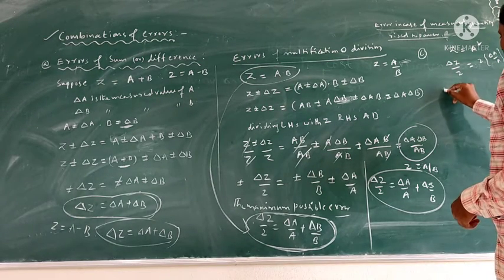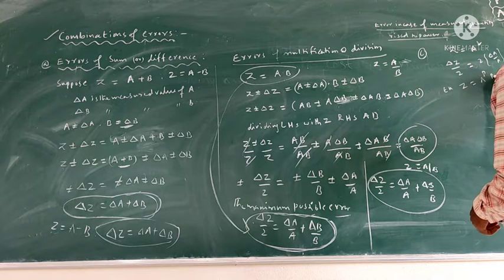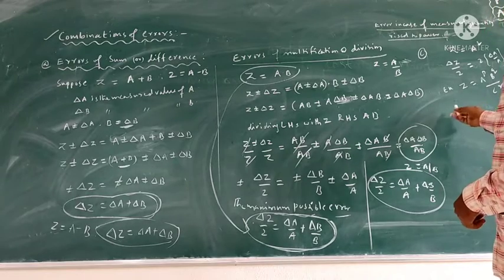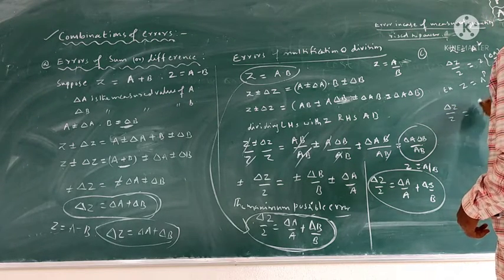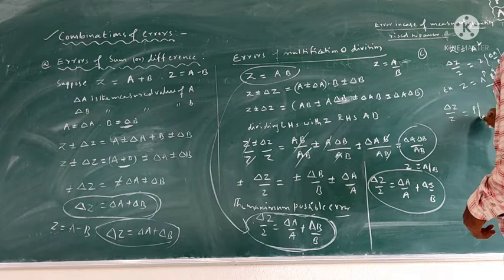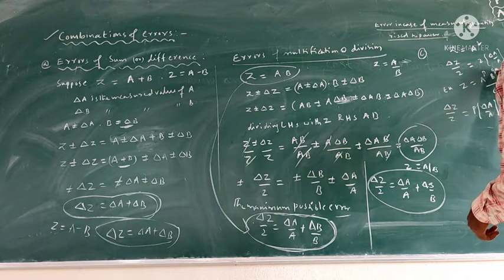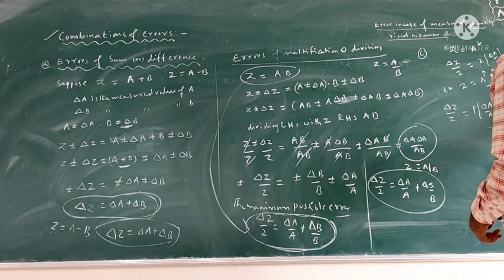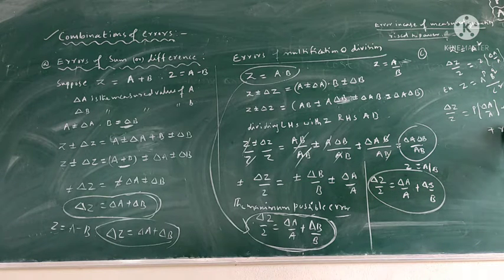For example, if we take one example, z is equal to a power p, b power q, and c power r. Okay. So what is the maximum possible error? Delta z by z is equal to p into delta a by a plus q into delta b by b plus r into delta c by c.